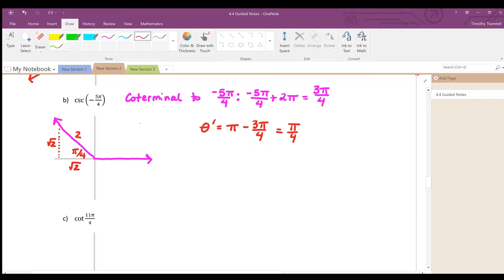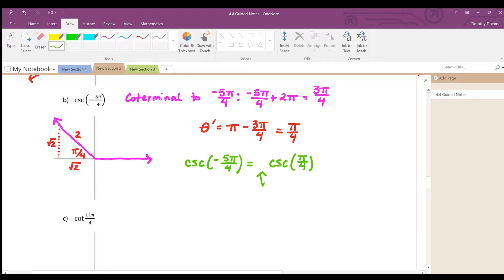So the next step, let's remind ourselves what we were actually trying to find. We were trying to find cosecant of minus 5 pi over 4. And what we decided to do instead, I'll leave a little room just in case for the sign here, is to look at cosecant of pi over 4.